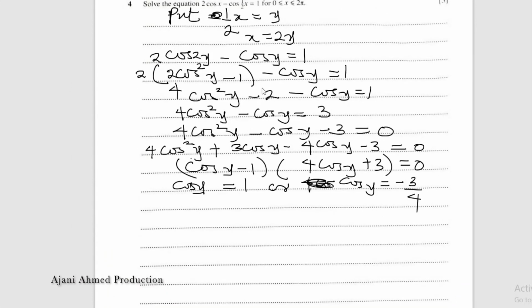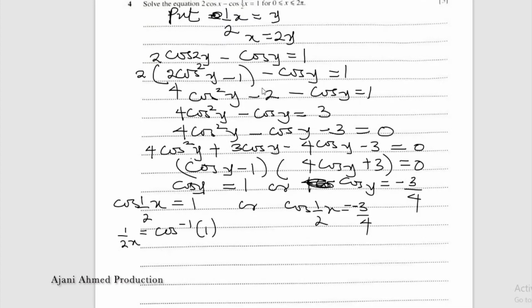We recall that y is half x. So cos half x equal to 1, or cos half x equal to negative 3 over 4. So from here, half x will be inverse cos of 1.